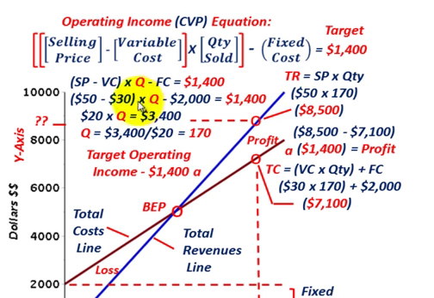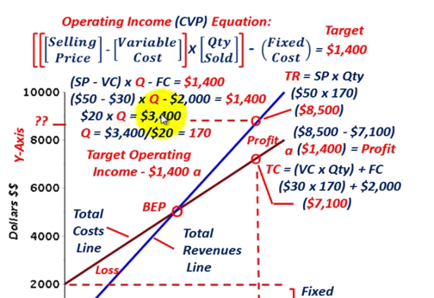So what we would do, just rearranging our equation, add 2,000 to both sides. You're just moving the 2,000 from the left side to the right side of the equation. So you get 1,400 plus 2,000 equals $3,400, and then our selling price minus variable cost, that's $20 times the quantity. We're solving for that quantity.